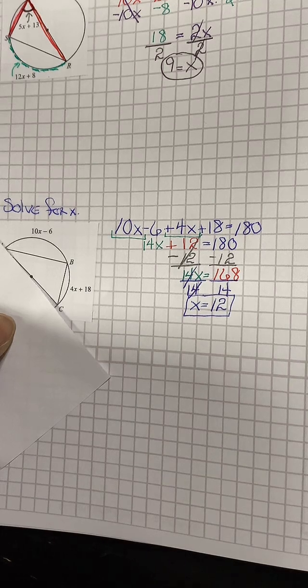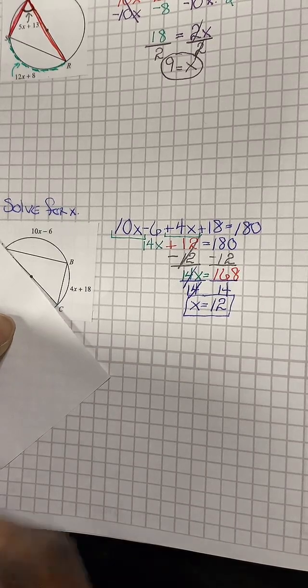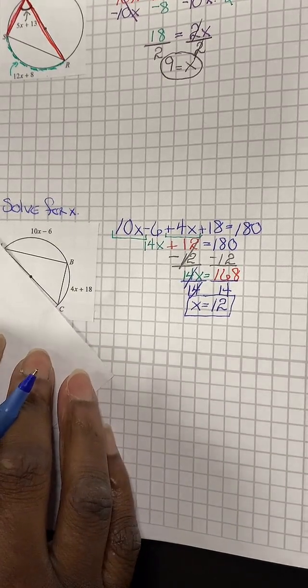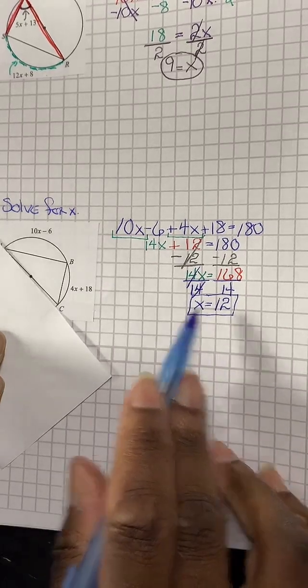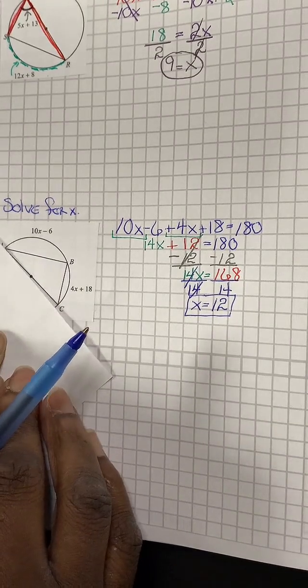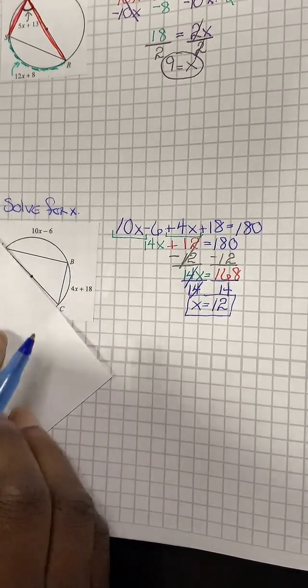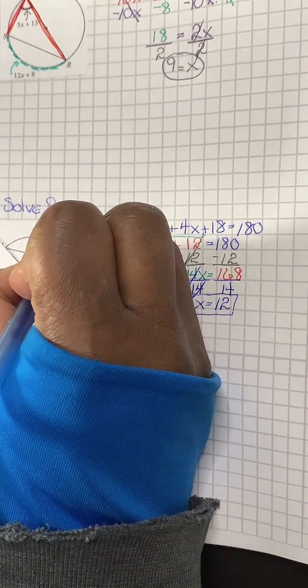All right. What is the unit of x? I don't know, you tell me. What's the unit of x? All right, so now that we have our 12 times 10, that gives me 120. 120 minus 6 gives me our 114.